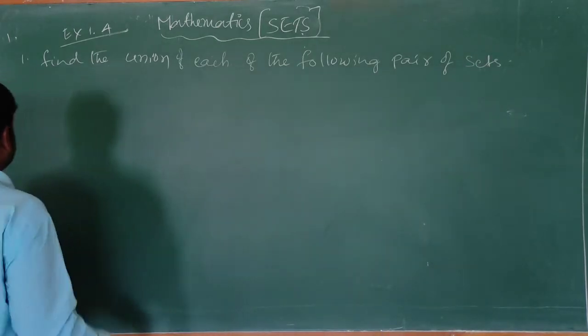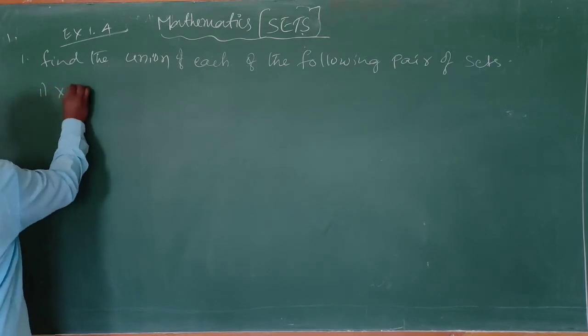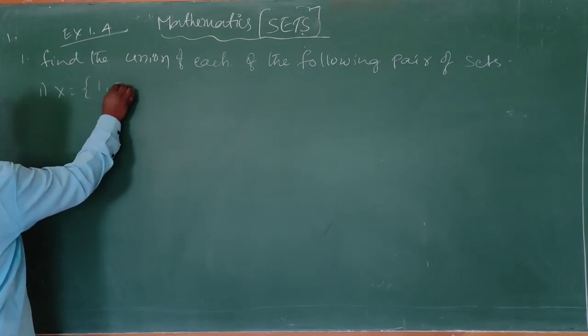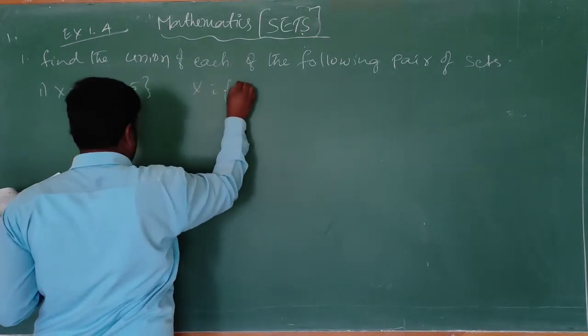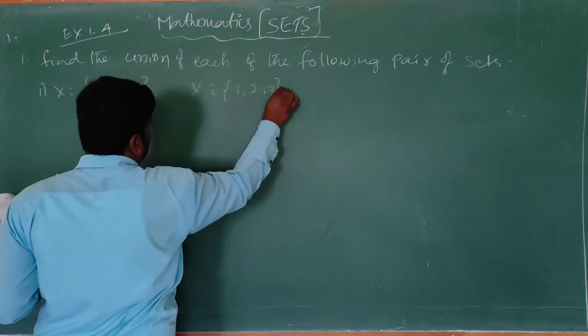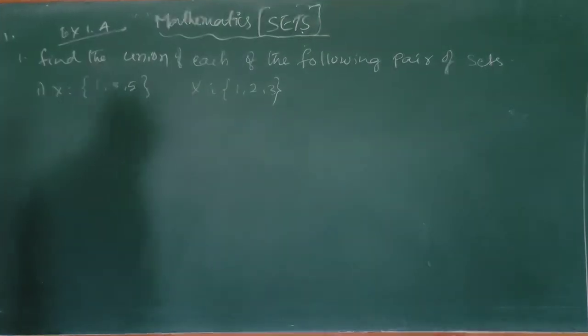First one, X is equal to {1, 3, 5}, Y is equal to {1, 2, 3}.